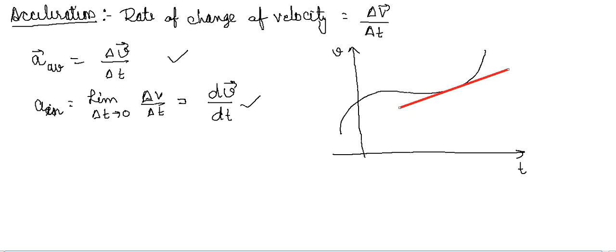This is the slope, with angle theta, so tan theta will be the acceleration. The slope of the graph represents acceleration, and the area under the curve represents the displacement.